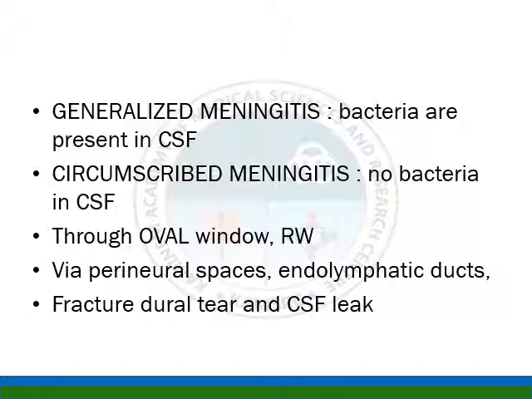And when it comes to pathophysiology, how the infection goes, as a general rule, we already discussed the various routes and types of how the infection goes to the cranial cavity and surrounding structures. To simplify, via the oval window, round window, via perineural spaces and endolymphatic ducts, and it can be through a fracture or dural tear due to a cholesteatoma.